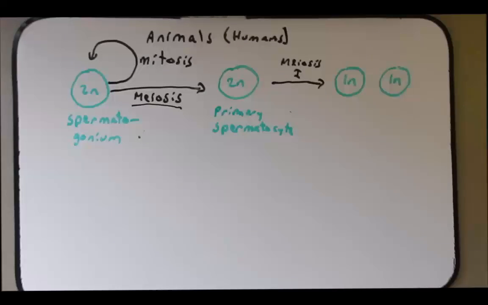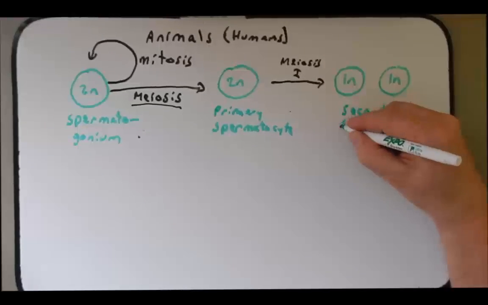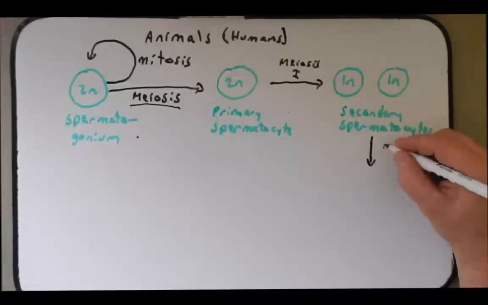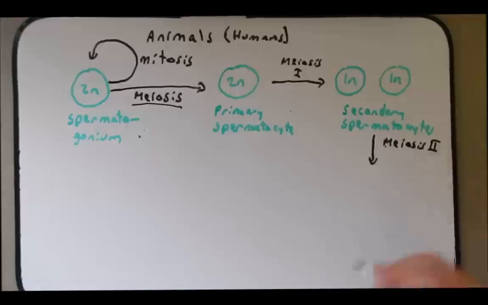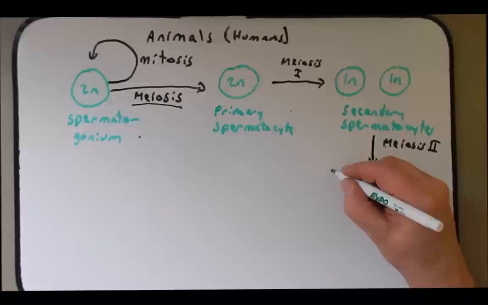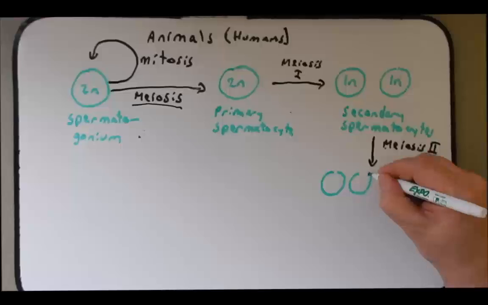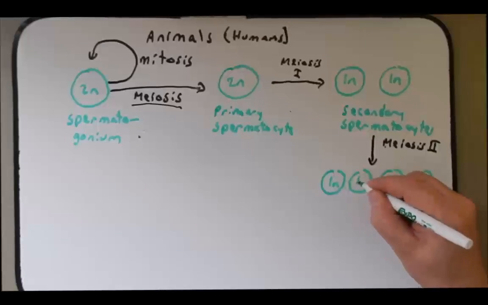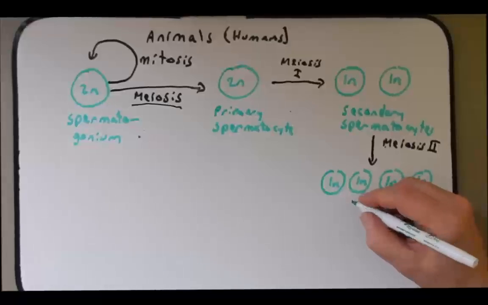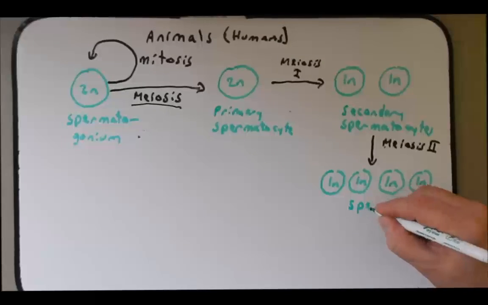These are now called secondary spermatocytes. Secondary spermatocytes will now undergo meiosis 2. Each one of these undergoes meiosis 2, so together they will produce 4 haploid cells. At the end of meiosis 2, the products here are called spermatids.